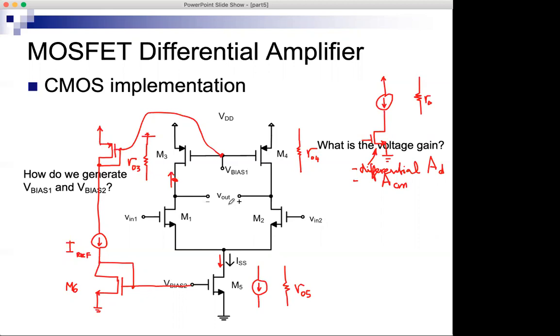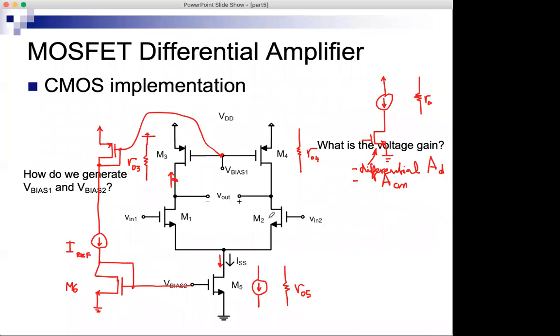So I get GM times R prime L, not half of it. And GM R prime L will be GM1, which should be equal to GM2 because these are matched and biased at the same DC current. GM1 or GM2, so GM times RO3 parallel RO1, which should be equal to RO4 parallel RO3.